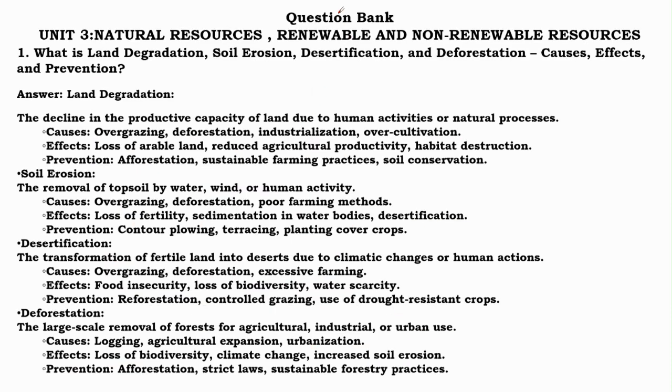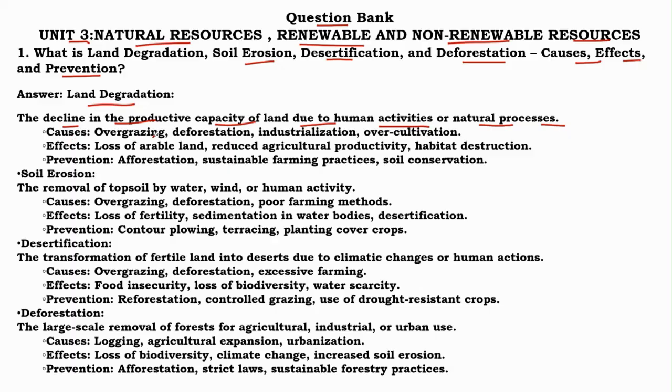So here the question bank for unit 3 is natural resources and renewable and non-renewable resources. What is land degradation and soil erosion, desertification and deforestation: causes, effects and their preventions. Land degradation is the decline in the productive capacity of land due to human activity or natural processes.